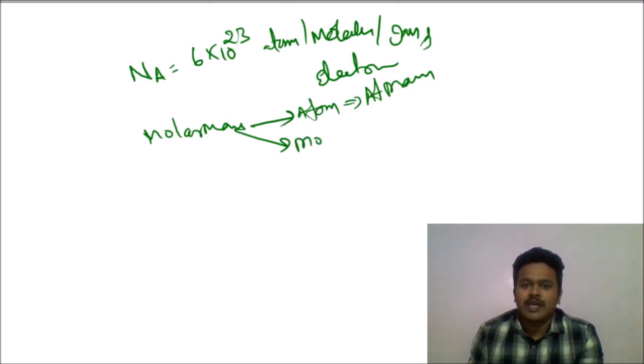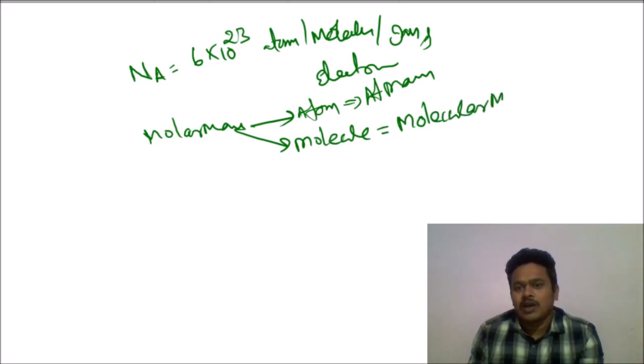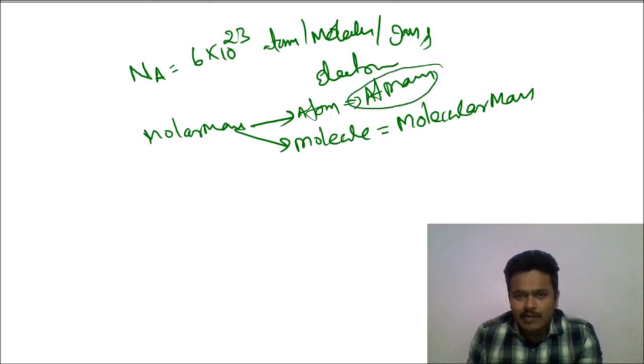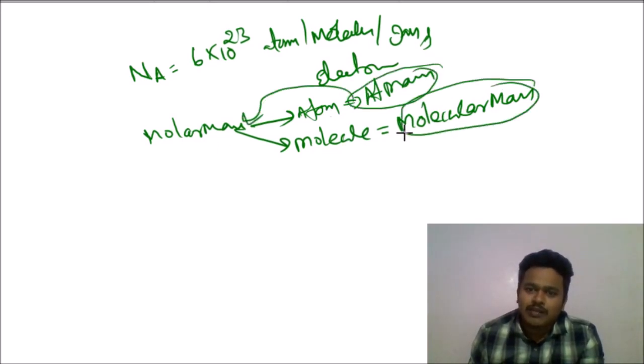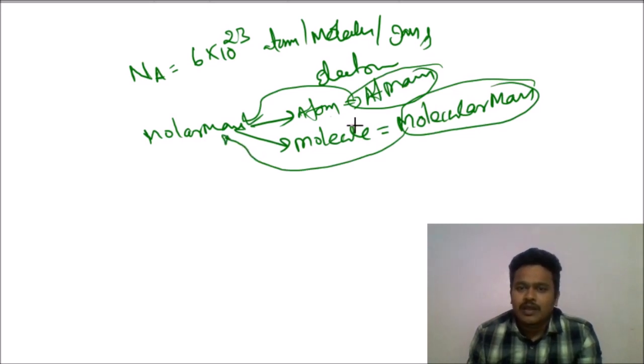For a molecule, it is the molecular mass. In the last video we studied atomic mass and molecular mass. For an atom, atomic mass is called the molar mass. For a molecule, molecular mass is called the molar mass. Molar mass means the mass of 1 mole of a substance.